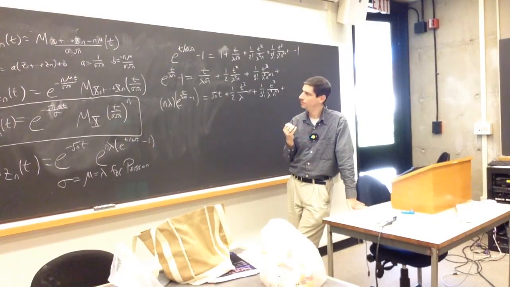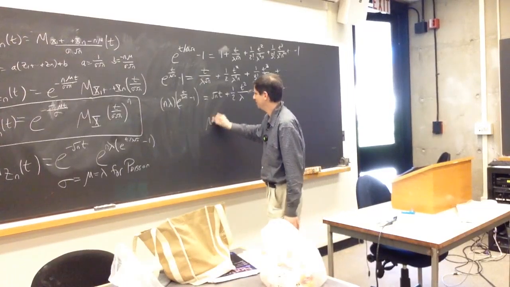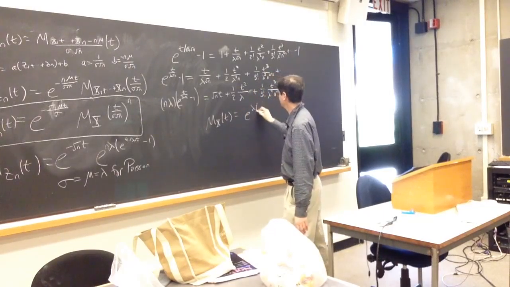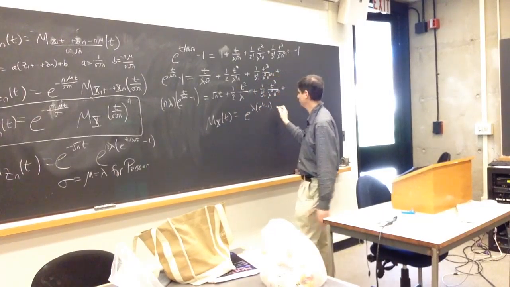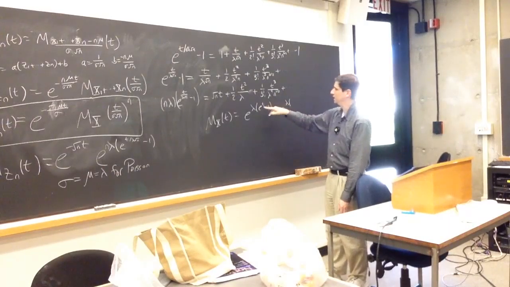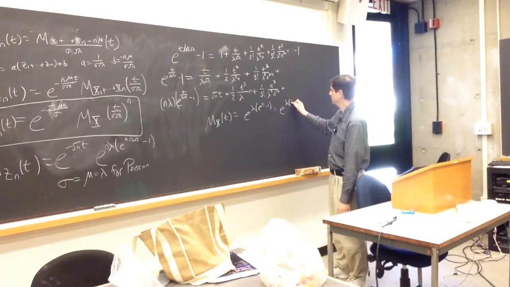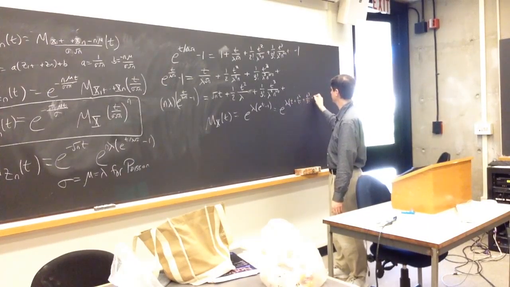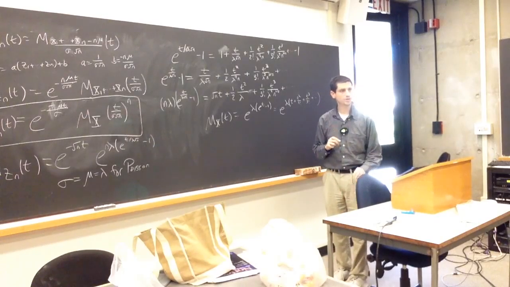Derive it again, right? M_X of t is equal to e to the lambda times (e to the t minus 1). And now when we expand e to the t minus 1, we get t plus t squared over 2 factorial plus t cubed over 3 factorial. I'm sorry?